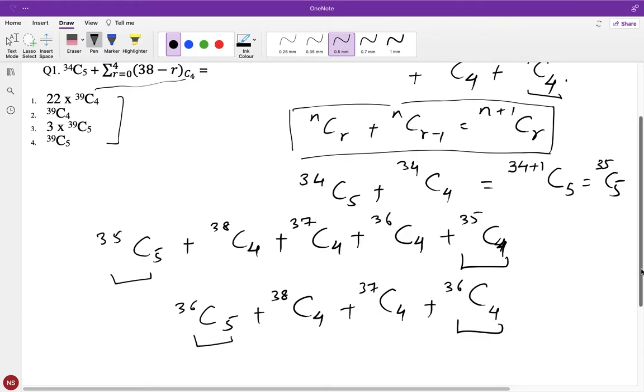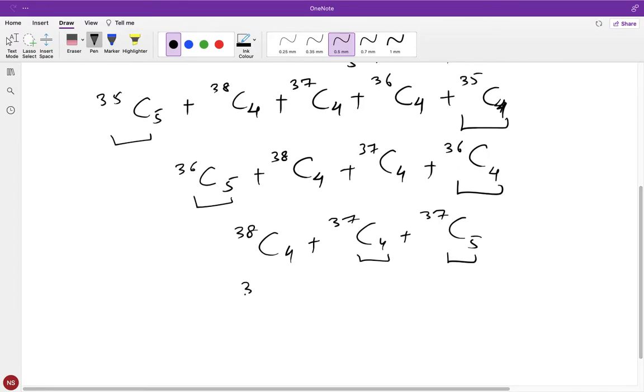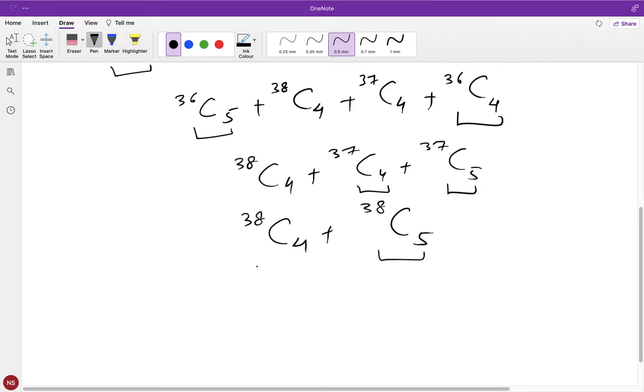What will you get? 37C5, right? Now the combination of these two, 37C4 plus 37C5, of course, this will be 38C5. And when you combine these two, what do you get? 39C5.